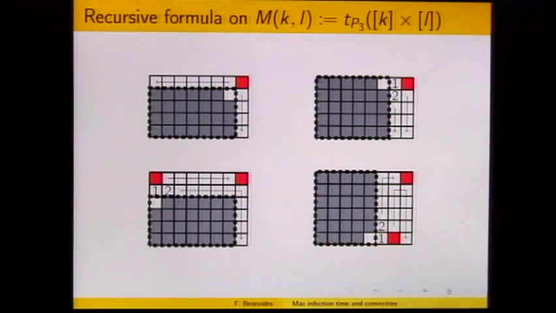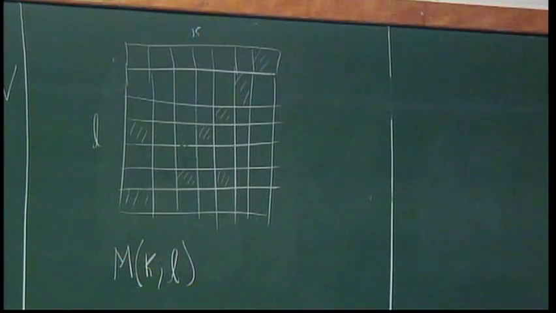This gray area is infected without any help of any vertex outside; it's infected only using the vertices inside. Then after you infect this vertex, together with this one, the infection will spread to infect the whole thing. And this basically gives you the first term in the recursion.